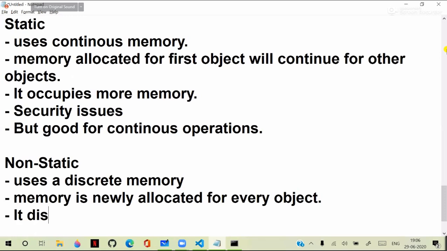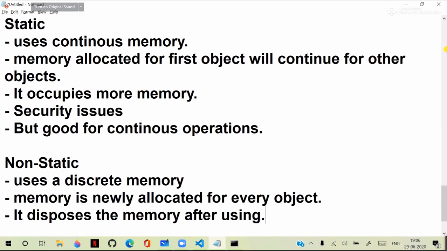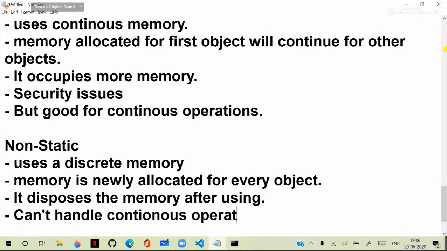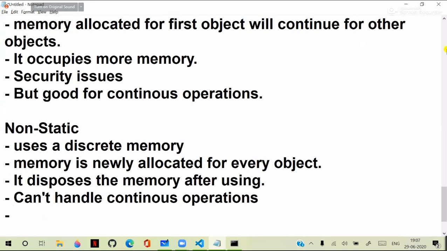So it disposes the memory after using. So it cannot handle continuous operations, but it uses less memory. That is how the concept of static and non-static works.